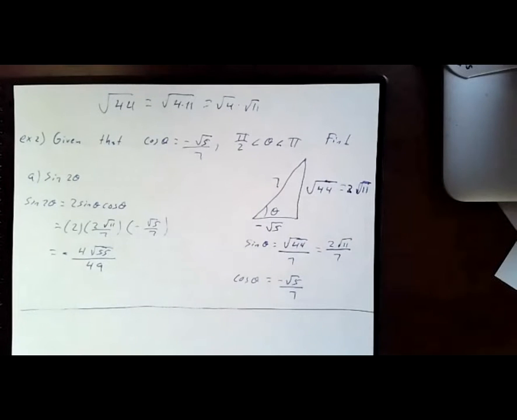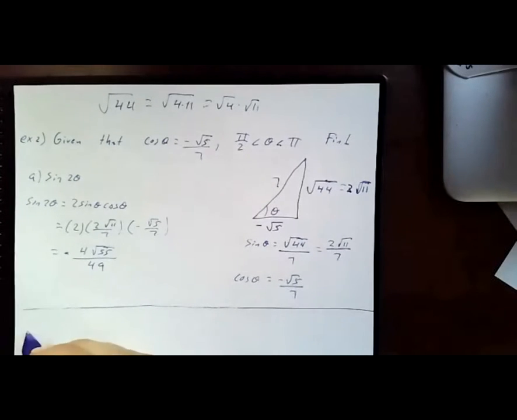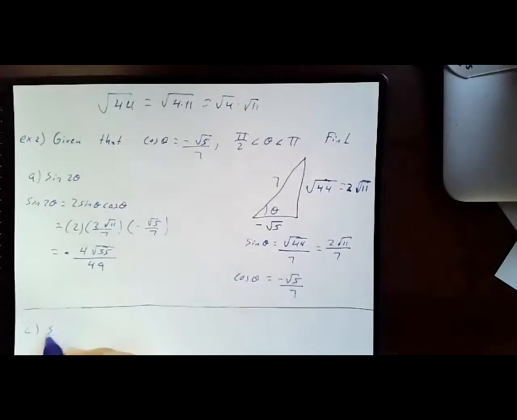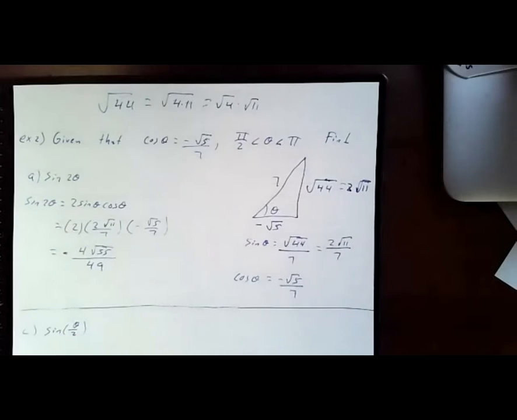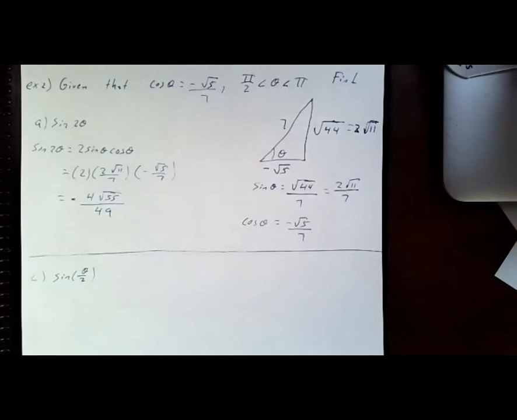Let's do the half angle so you can practice that. Let's skip to part C: sine of theta over 2. I have a really quick question about what it all means. Does that mean that's twice the size of the angle in that triangle?